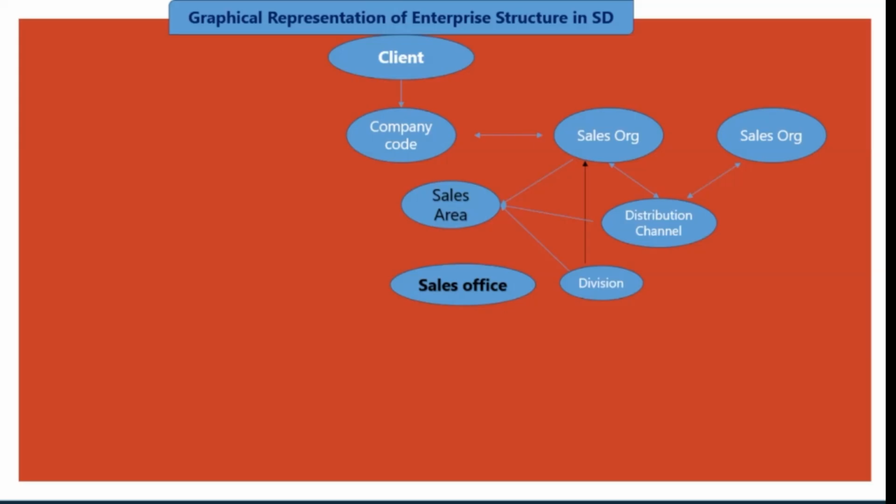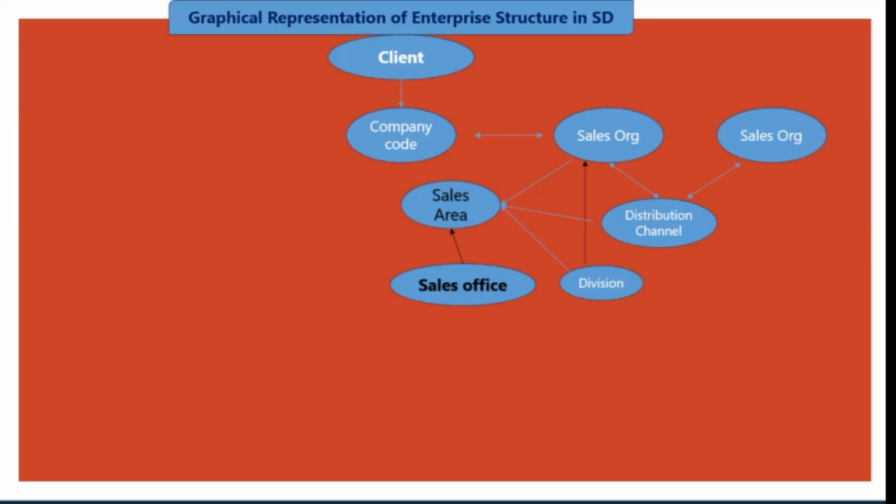That is a geographical set of organization in business development and sales that uses the term sales office. We can set up the sales office in SAP to represent, say, a branch office, a subsidiary, or even a sales territory. A sales office in turn is assigned to the sales area.